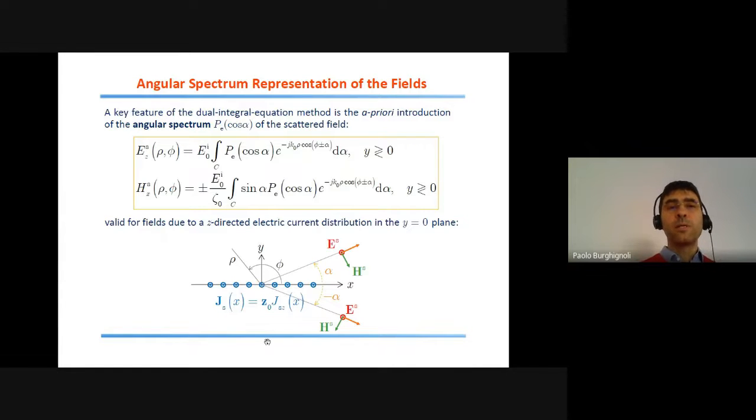Okay, basically, we start, or better, Clemmow started with a specific representation of the electromagnetic field, which is based on the so-called angular spectrum.